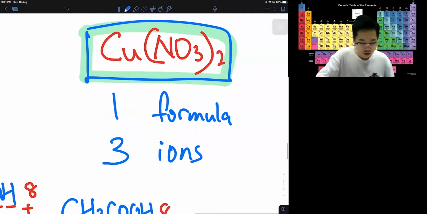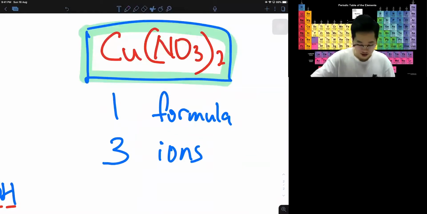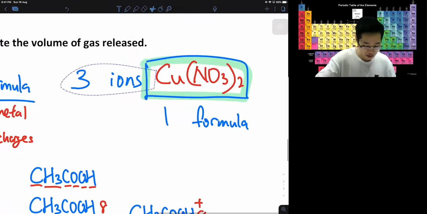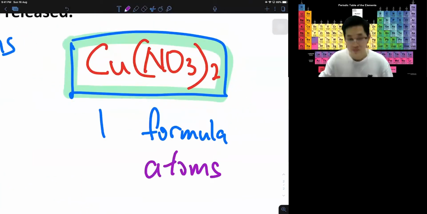Then I want to ask you something. See whether you are smart or not. This formula got 3 ions. Then in this formula, there is how many atoms? Never mind, just try.